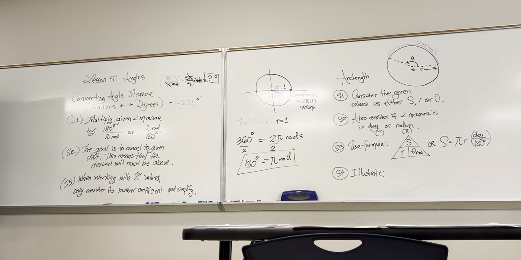Step number 1, right? Along the positive x-axis, that ray as your initial side. Next one. Negative means what? Clockwise rotation, right? So negative means clockwise rotation, right?